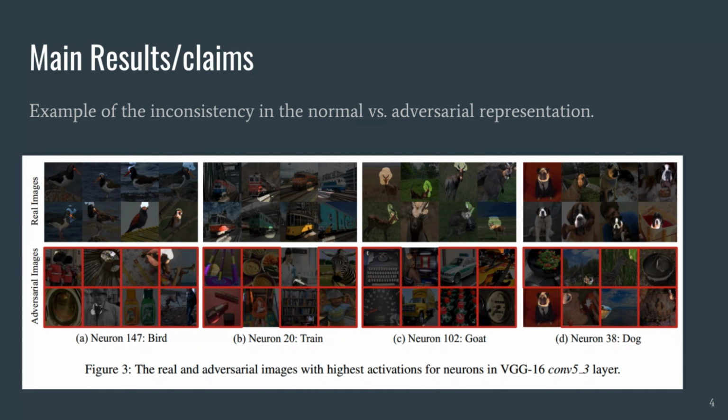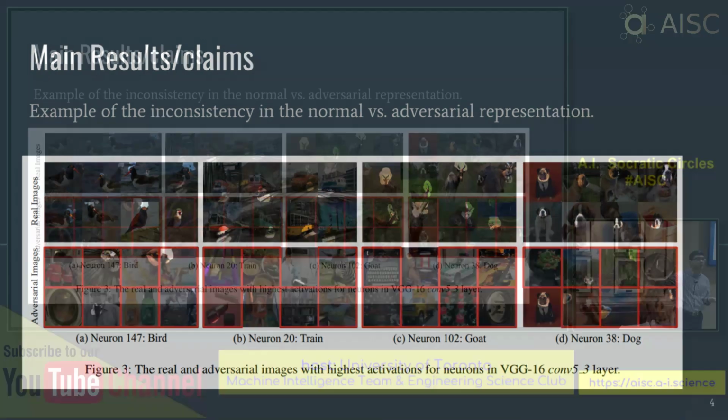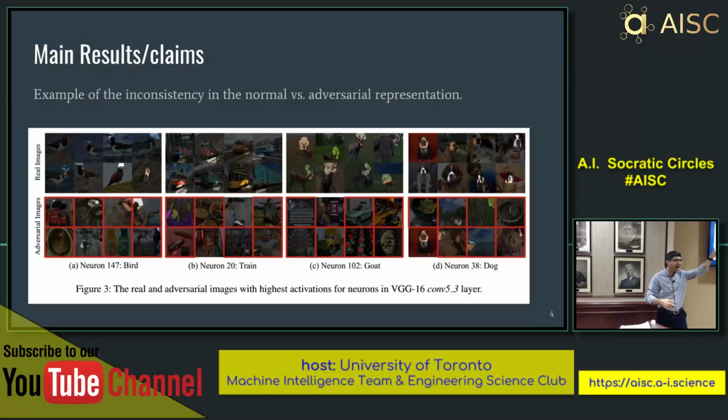So if the network makes a correct decision for the adversarial example, we hope that it's looking in the same region at least, because the final decision is the result of all these activations of different neurons. If we want to come up with a true decision, the activations should be similar.